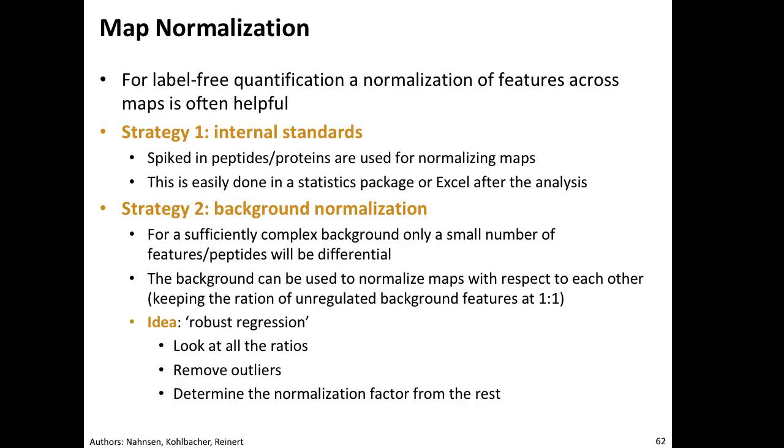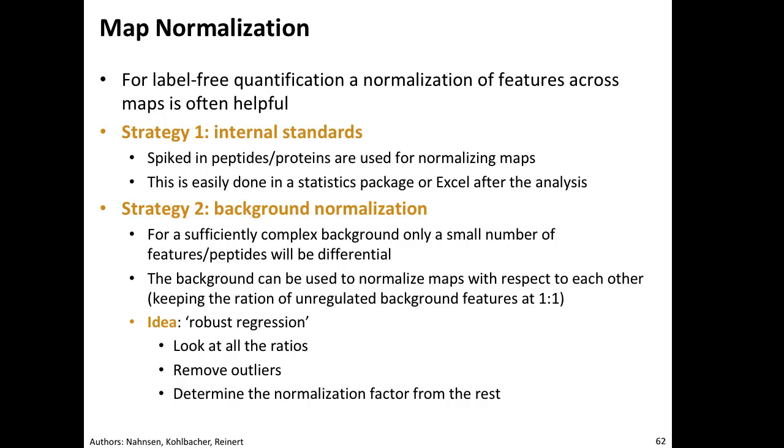And if you don't have a tissue that is completely dead anyhow, which is not a typical application, then you would expect that a large chunk of these proteins will be the same across all your samples. And you can use that for normalization with the background. And you shouldn't be scared of, say, even half of the features changing. That does not matter. This background will still be able to pull it all back.